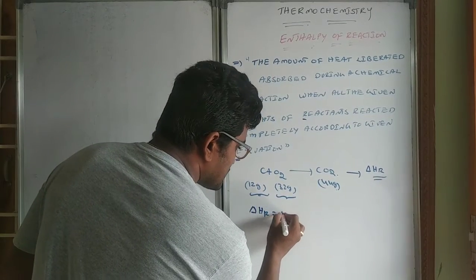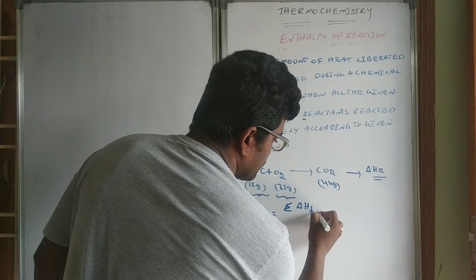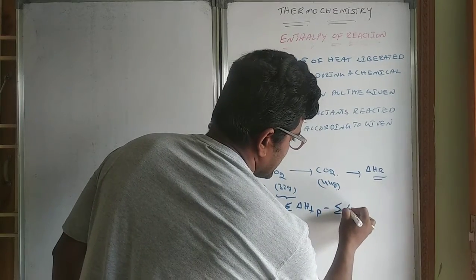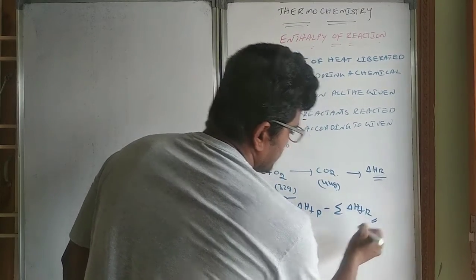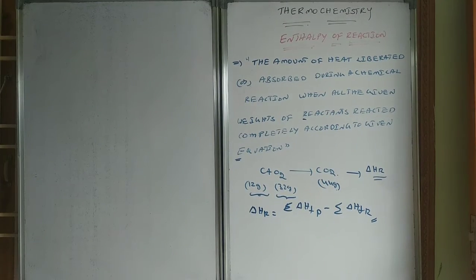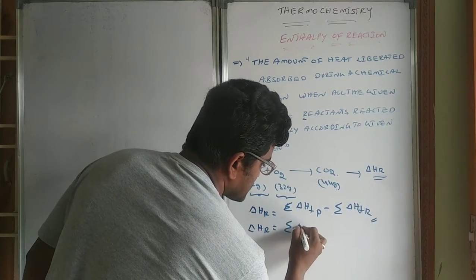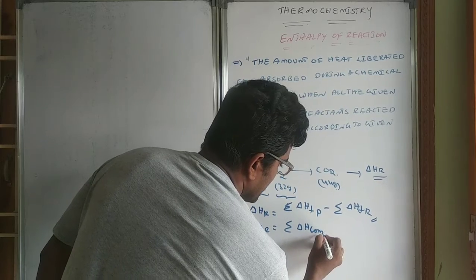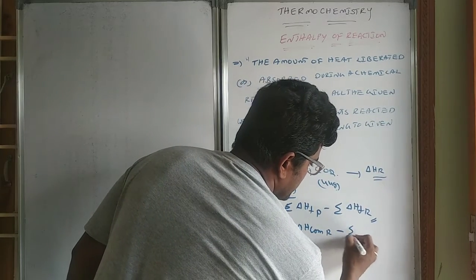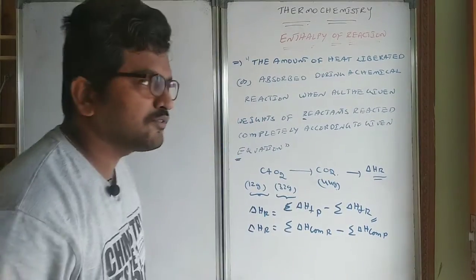Let us see. Enthalpy of reaction is equal to sigma enthalpy of formation of products minus sigma enthalpy of formation of reactants. This is a very, very important formula you have to remember. At the same time, enthalpy of reaction equals sigma enthalpy of combustion of reactants minus sigma enthalpy of combustion of products.